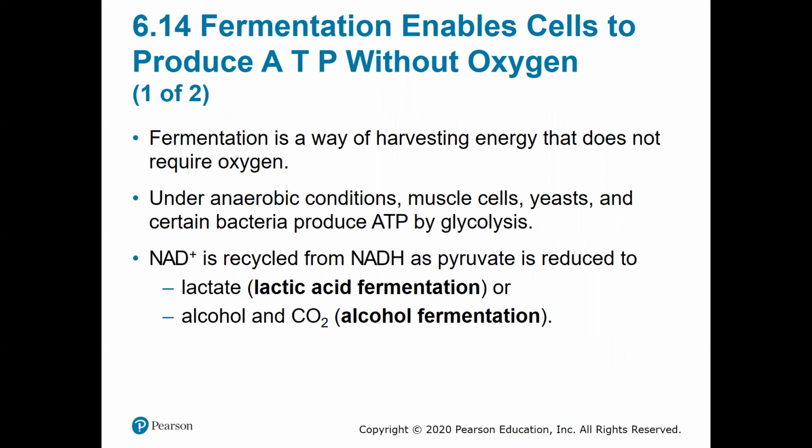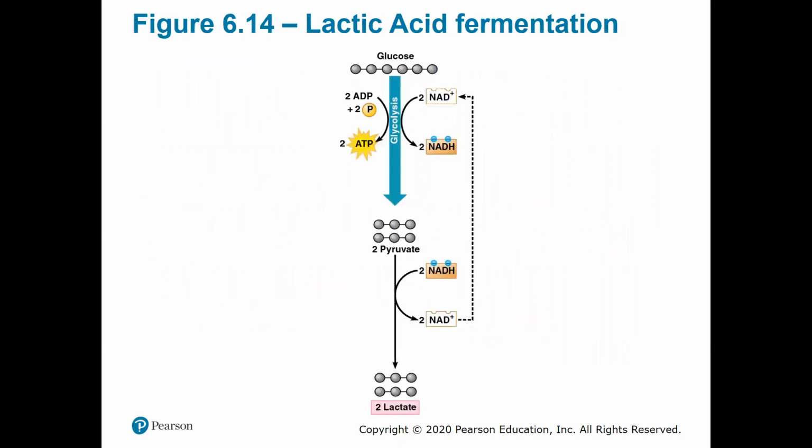There are two different forms of fermentation: lactic acid fermentation and alcohol fermentation. I'm pretty sure we all know about alcohol fermentation, because of that we are able to produce our wines and beers. In lactic acid fermentation, there's no oxygen available. NADH is produced and used again in the same glycolysis.